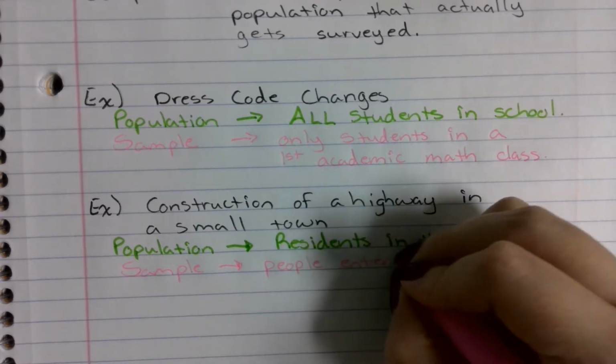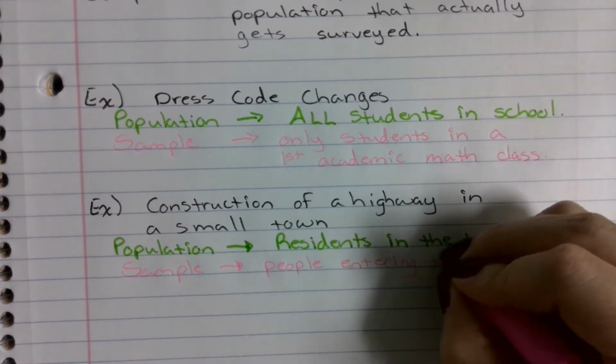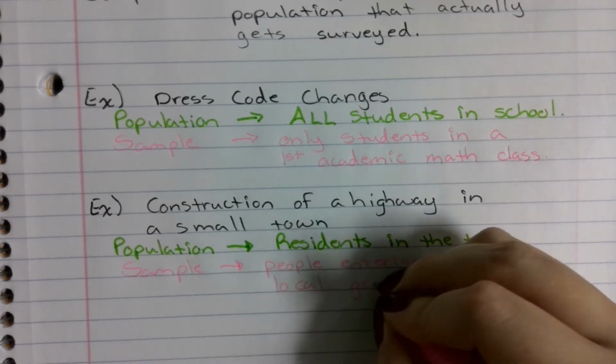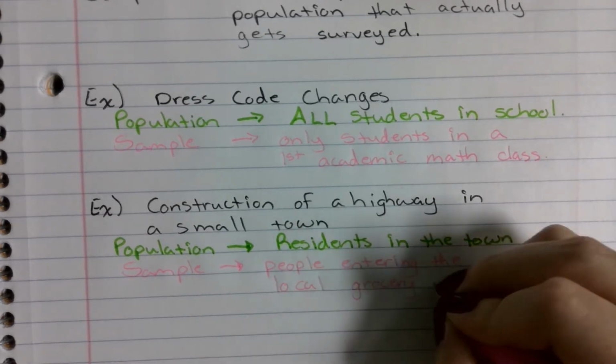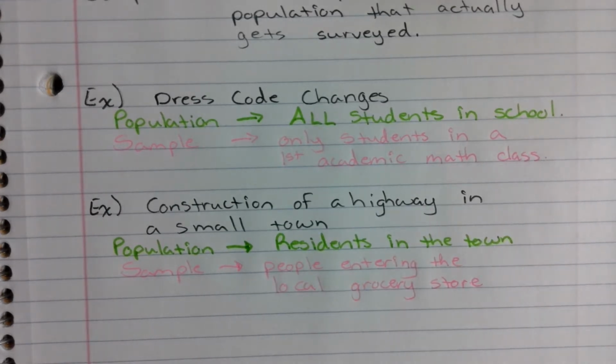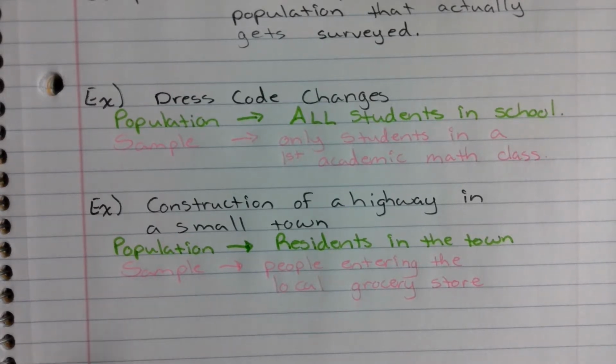So people entering the local grocery store. Is every single person in the town going to be going grocery shopping that day? No, but you're going to get a pretty good amount of people who are coming and going out of that grocery store. And it's a good mix.